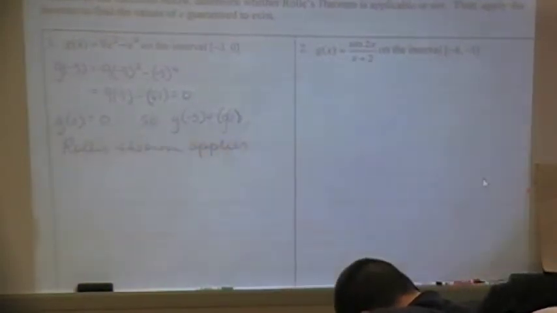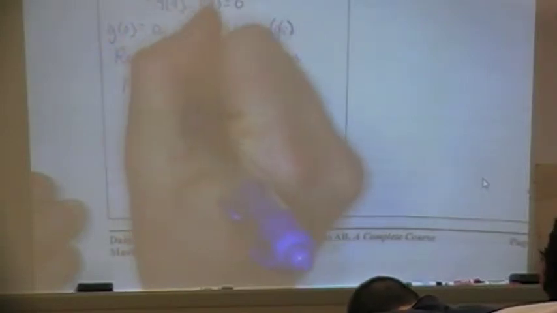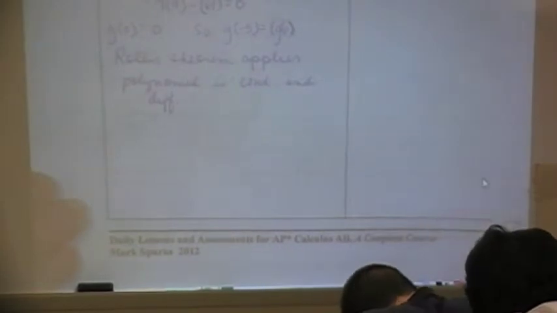I probably should write continuous and differentiable. I just wrote up in the corner continuous and differentiable, and put check marks next to them.